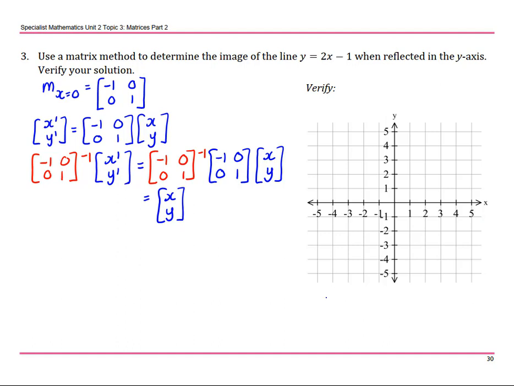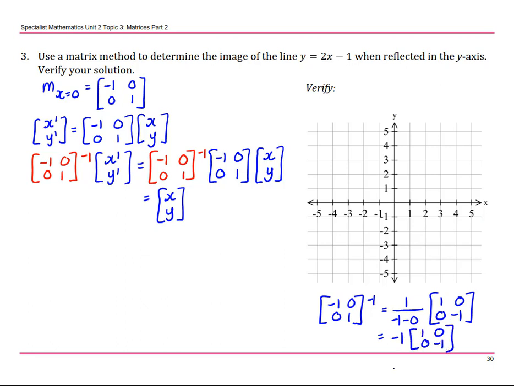Now, the inverse, I'm just going to do down the bottom here. Negative 1 times 1 is negative 1, minus 0. Swap. So we get 1, negative 1, and they stay because they're zeros. So that's negative 1, 1, 0, 0, negative 1, which becomes negative 1, 0, 0, 1.